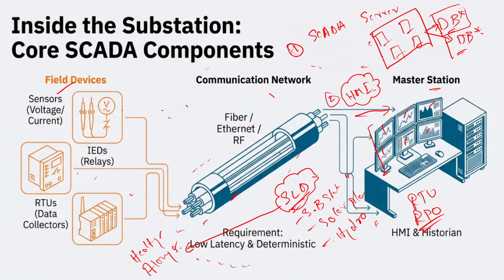Basically, if something goes down in the system, how fast can the system recover, that is one point. And how well can we recover the lost data. So this is the concept behind the SCADA system and its components. This is what the inside of the SCADA system looks like.